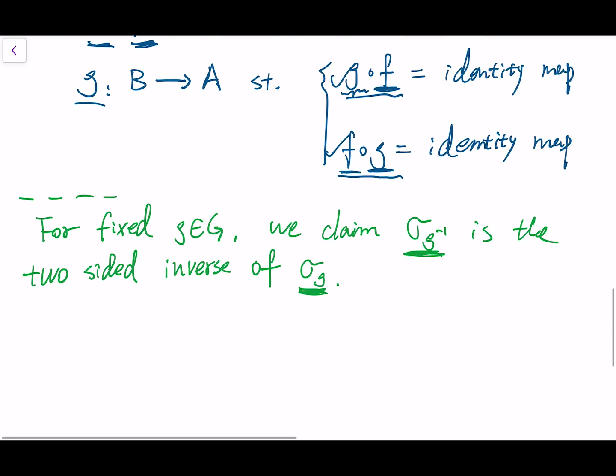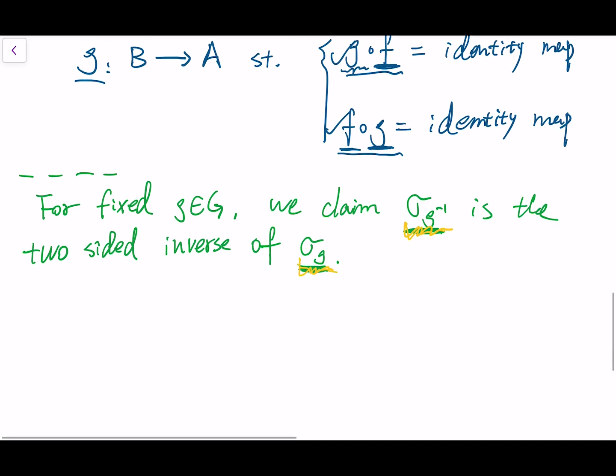Okay, so now we want to show that sigma g inverse is the two-sided inverse of sigma g, which means it is both the left inverse and the right inverse of sigma g. To show that, first we show this is the left inverse.